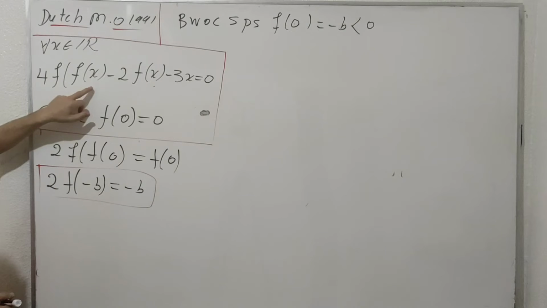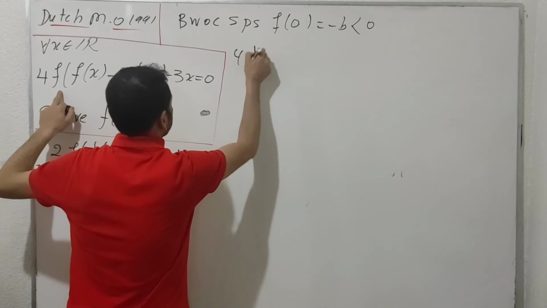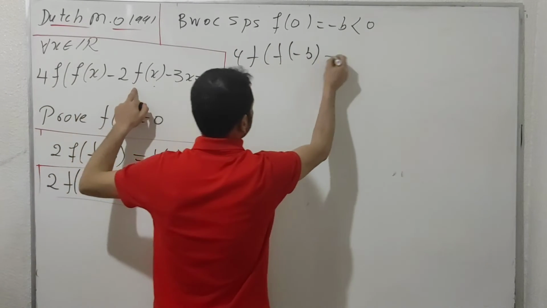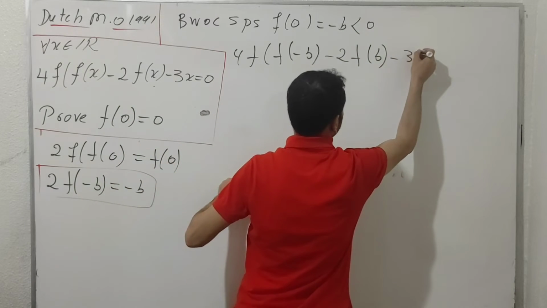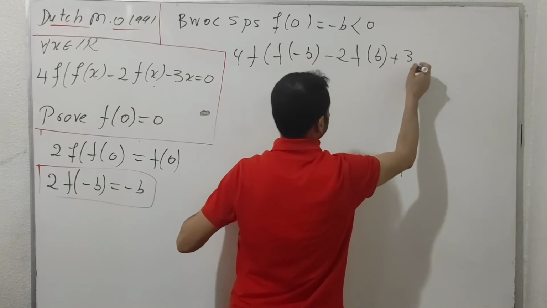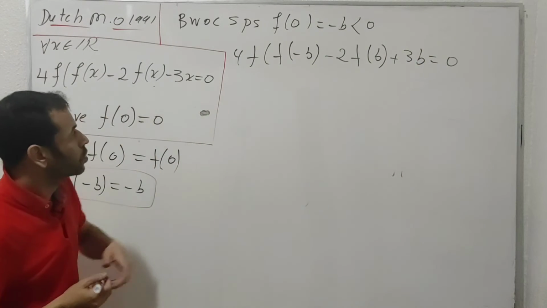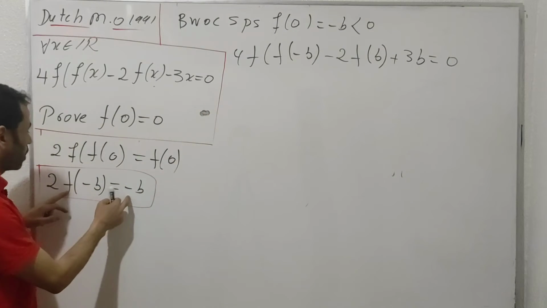At this point, I'm going to replace x with minus b. I will have 4 multiplied by f of minus b minus 2 times f of minus b minus 3 with minus 3 becomes 3b equals 0. Okay, I'm simply going to replace f of minus b with minus b over 2.